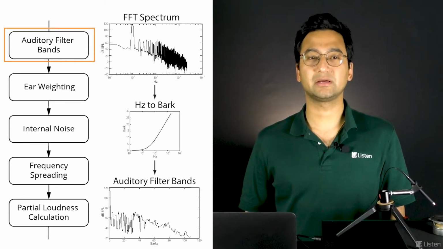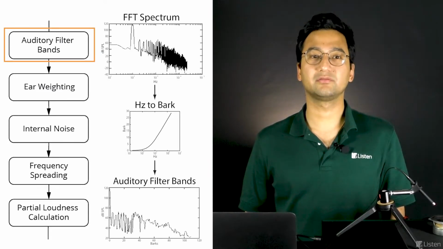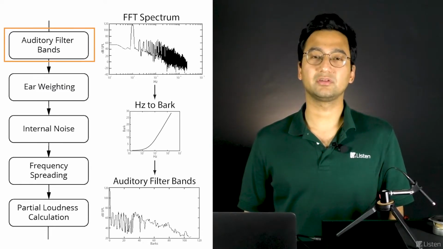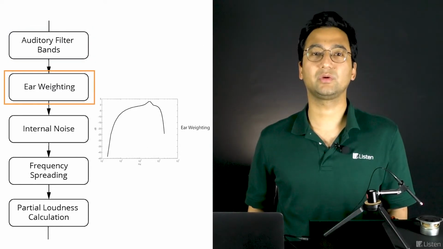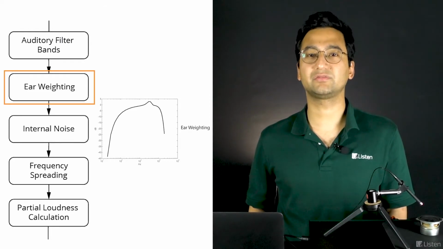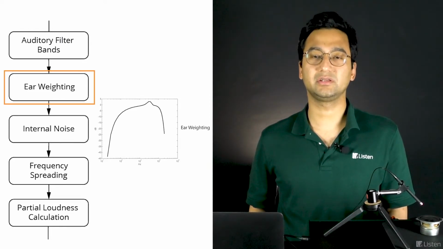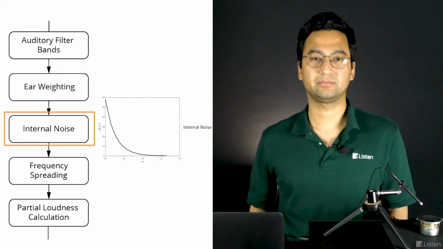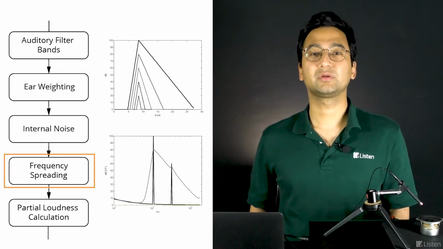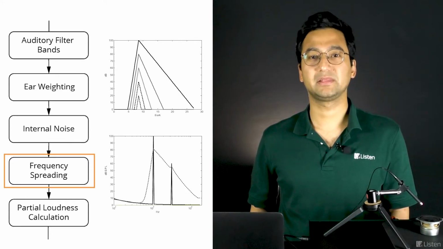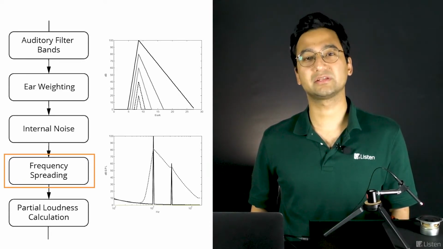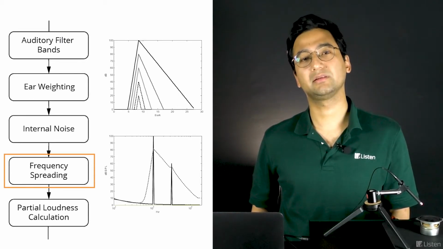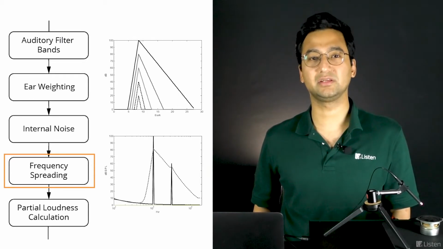In each frequency step, auditory filter bands convert the FFT spectrum to a bark scale to replicate ear filtering. Next, an ear weighting filter compensates for the transfer function of the outer to inner ear, and finally, the internal noise of the ear is added. Next, a frequency spreading function is applied. This is a simplified mathematical representation of auditory masking curves that mimic the psychoacoustic filters of the ear.